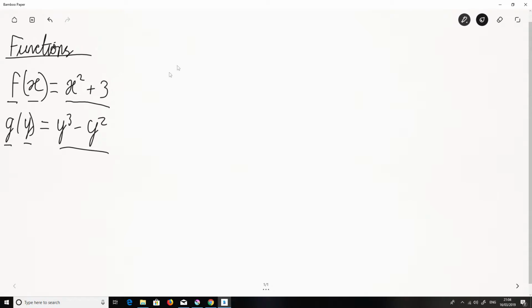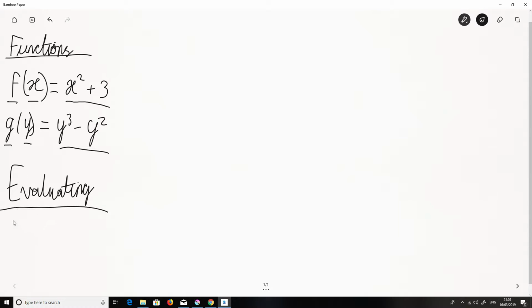You can do lots of different things with functions. The first thing I'm going to focus on is evaluating functions. To evaluate a function, all it means is to take a value and find out what the function is equal to at that value.